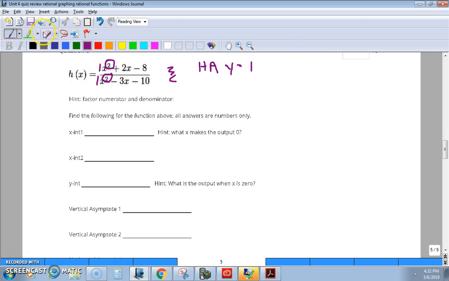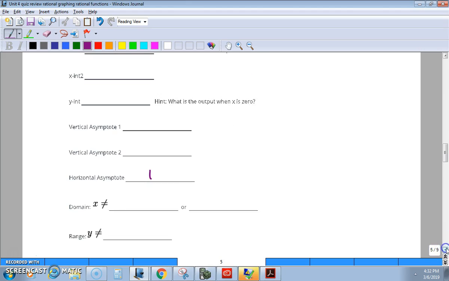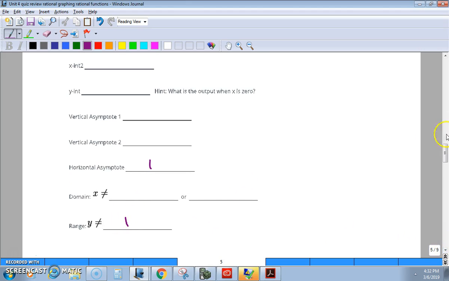Let's fill that out really quick since it's easier to find now than when I factor it. So my horizontal asymptote is 1, and that's also what my range cannot be.